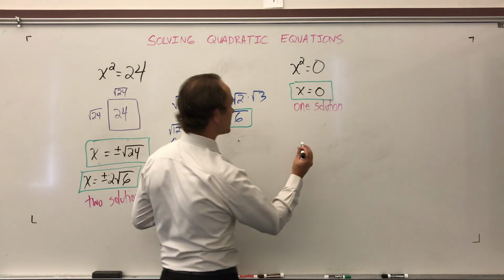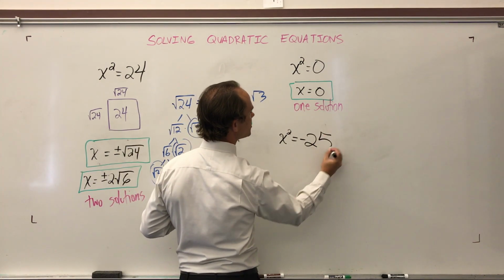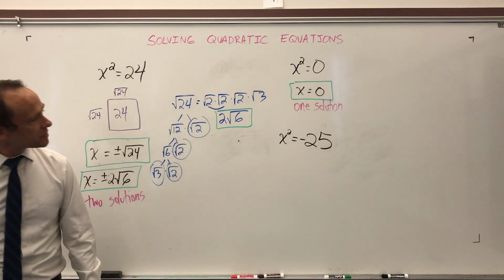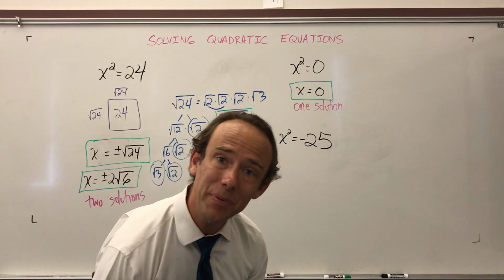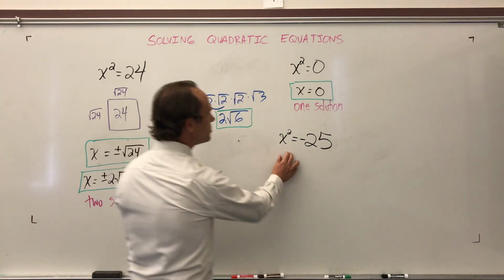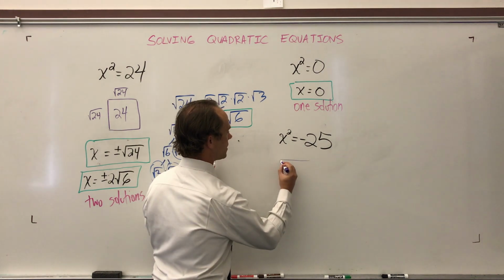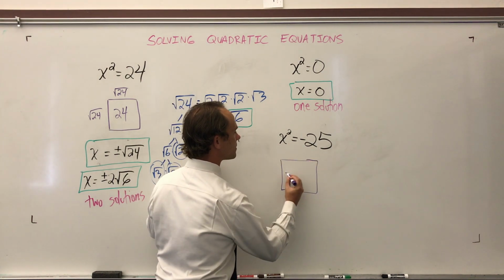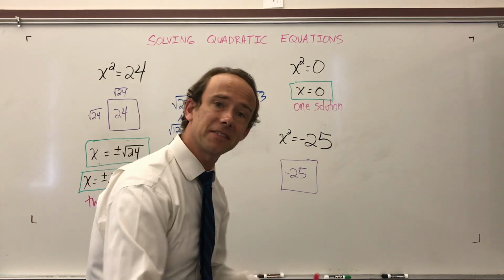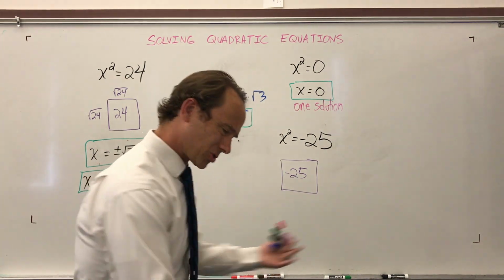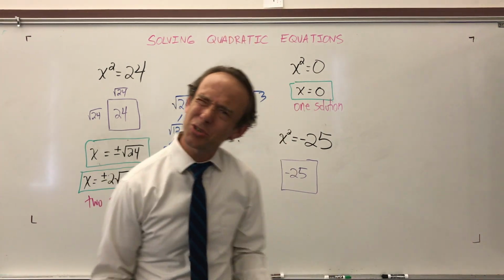And now lastly is that situation where you have something squared is equal to a negative. That can't happen, yo. It can't. You can't have the same dimension give you a negative. Like, you could make it if it was like 5 times -5 or 12.5 times -2.